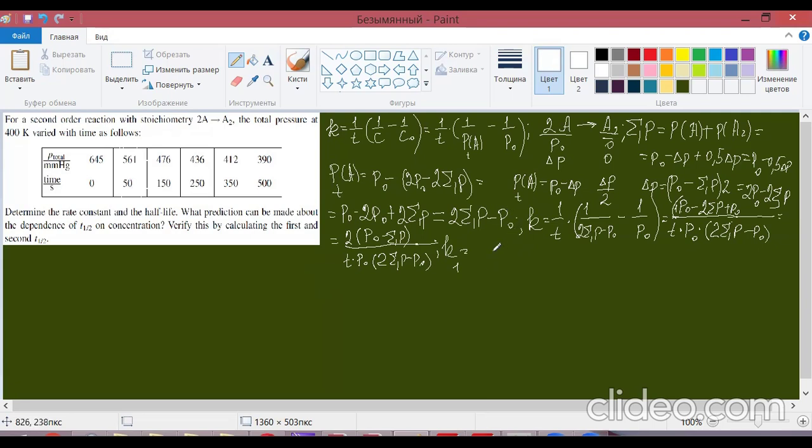Experiment 1. 2 times 645 minus 561 divided by t, which is equal to 15, P0 is 645, times 2 times 561 minus 645.